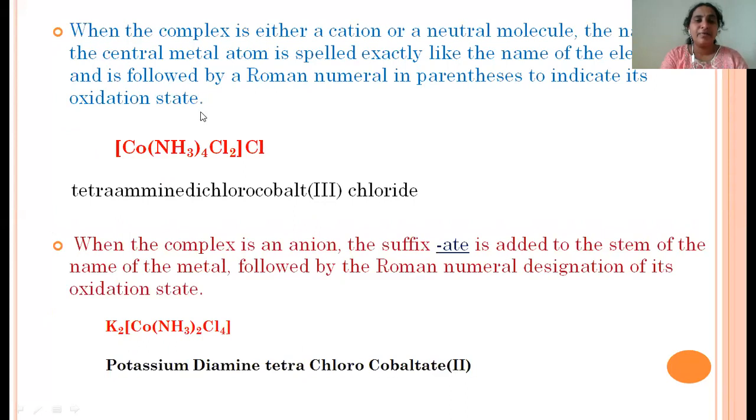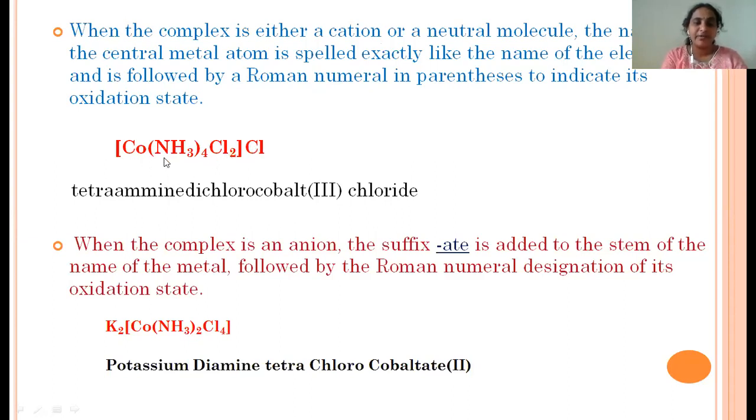Next, whenever the metal complex is a cation or neutral, there is no need to add any suffix to the metal. That means whenever the sphere is cationic or neutral, we write the metal name as it is. For example, in this complex, this is the neutral sphere.